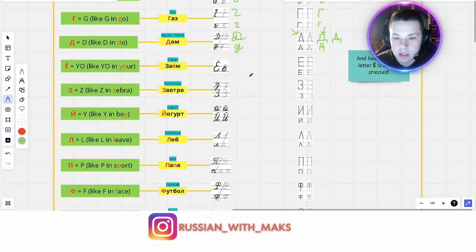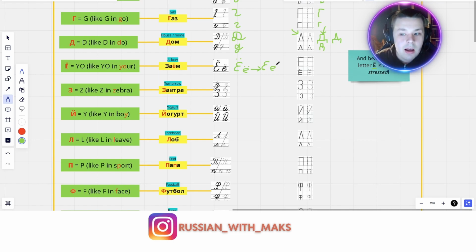The next letter is letter Yo, which is exactly the same as letter Ye, except Yo has two dots above. Another thing to know is that sometimes Russians forget about this letter, and when they text you a message, or even in books, they just put Ye instead and expect you to know that this must be Yo.